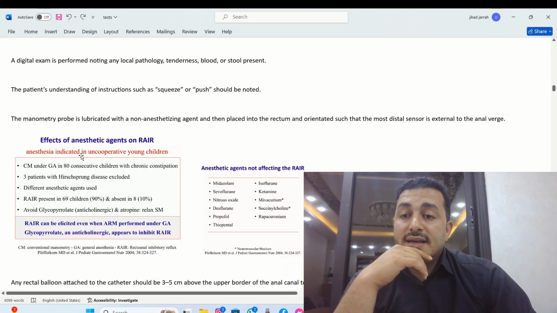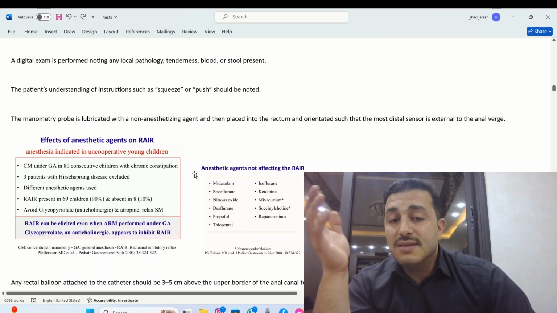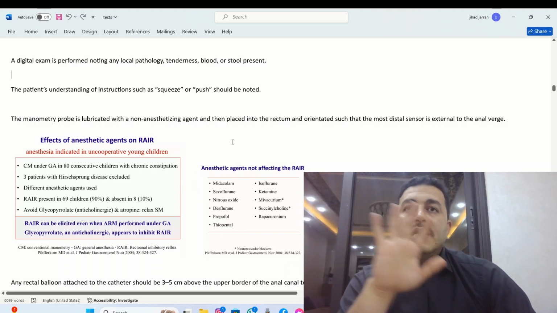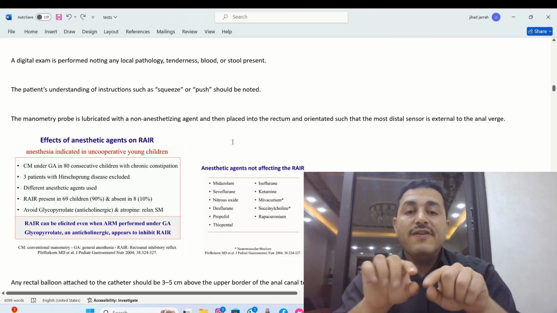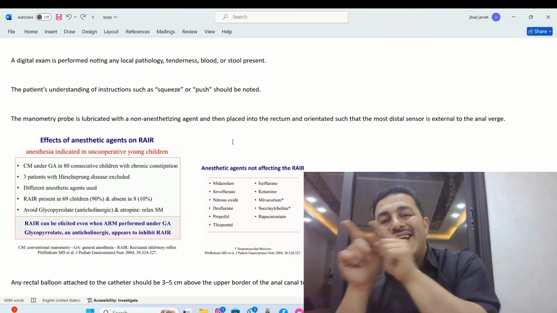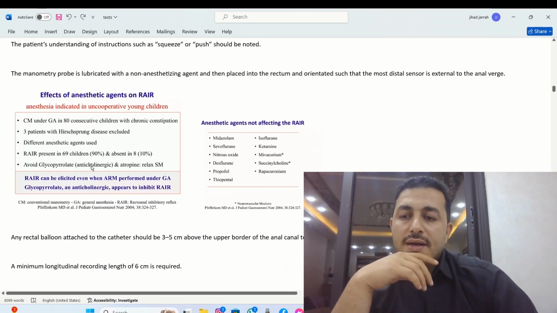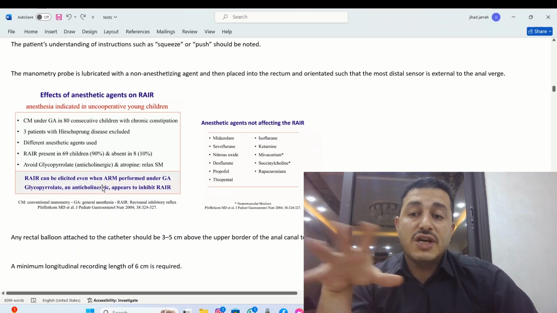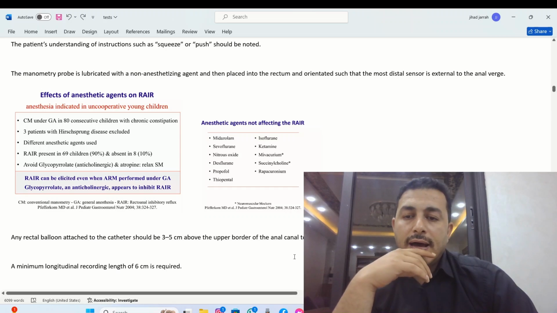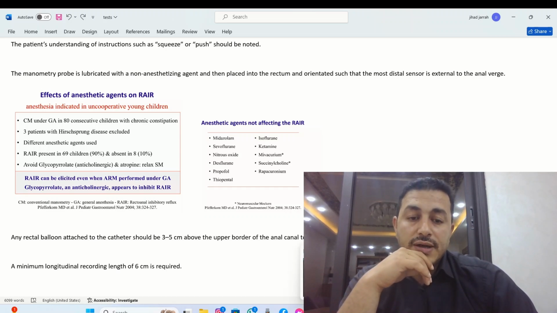Anesthesia is indicated in intraoperative pediatric patients, and some anesthetic agents do not affect the rectoanal inhibitory reflex, such as midazolam, sevoflurane, nitric oxide, desflurane, propofol, and thiopental. But ideally, it should be performed without anesthesia, and even the probe should be lubricated without anesthetic agent. Some agents, such as anticholinergic agents, can inhibit the rectoanal inhibitory reflex.